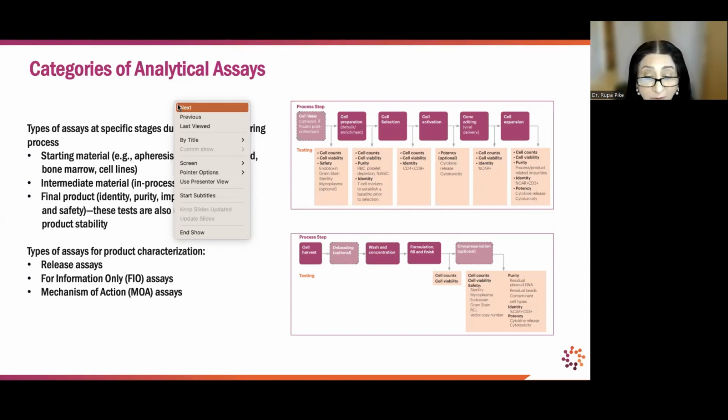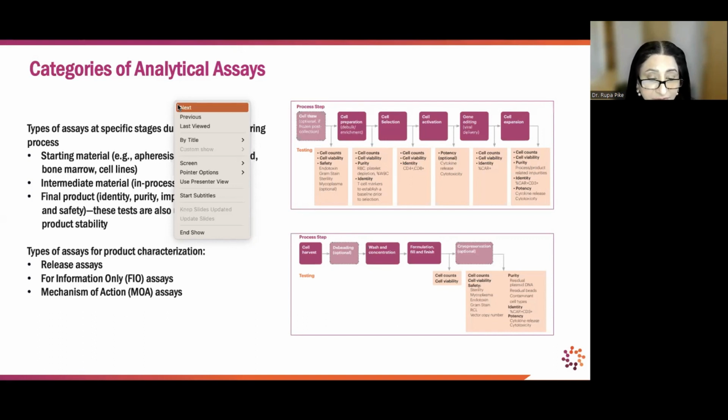And FIO assays, while not used for final product lot release testing, many believe that they're vital for understanding additional quality attributes for the cellular product and the mechanism of action, a window into understanding the mechanism of action. They're also helpful in gathering more information about the key steps of the manufacturing process or the final product.